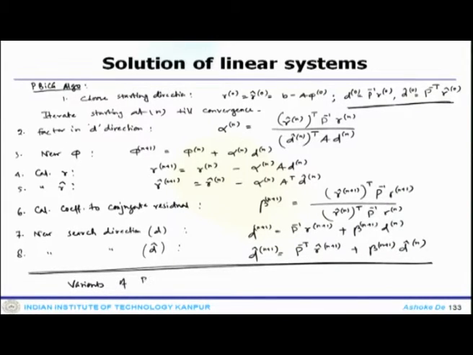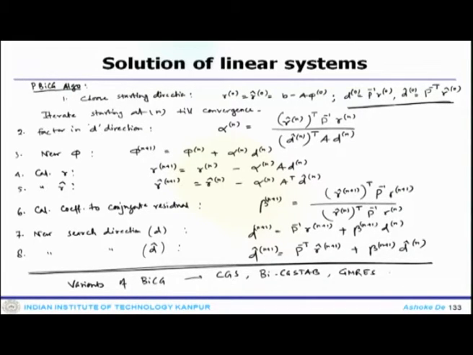Now, there are also some variants of the BiCG algorithm, called CGS, which is conjugate gradient squared, BiCGStab, that is another algorithm, or GMRES, generalized minimum residual process.